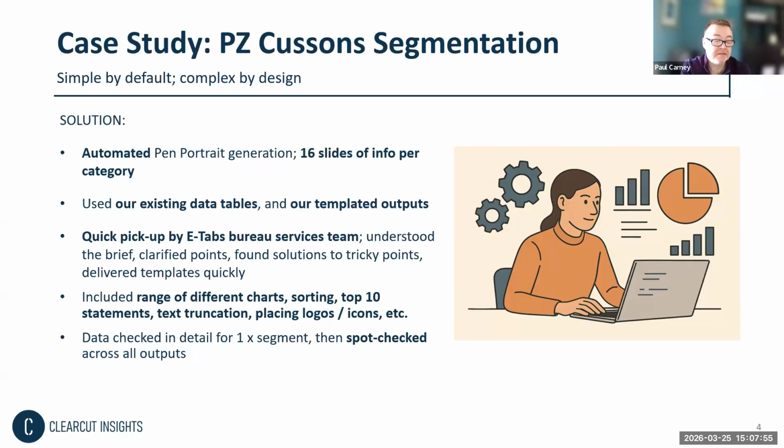And then the final point is a really important one. Rather than checking everything, you can check one segment in detail. You can then spot check all of the segments to make sure that it's been applied properly and accurately across all of them. But as long as one segment is correct, then you can be very confident that everything is correct.